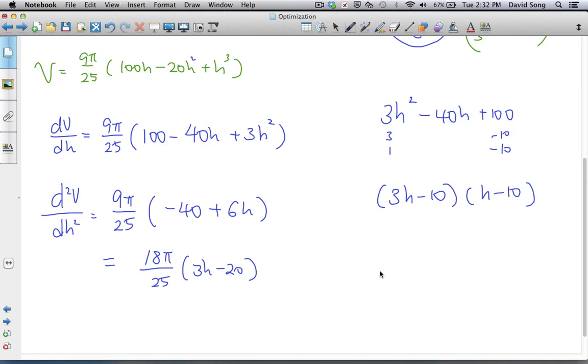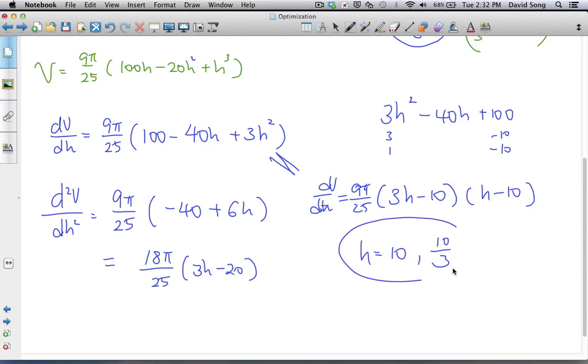So those are my two values. So dv dh is 9 pi over 25 of this. So these two are equivalent statements. And now my critical values are h is equal to 10 and 10 over 3, setting these equal to 0. So those are my critical numbers.